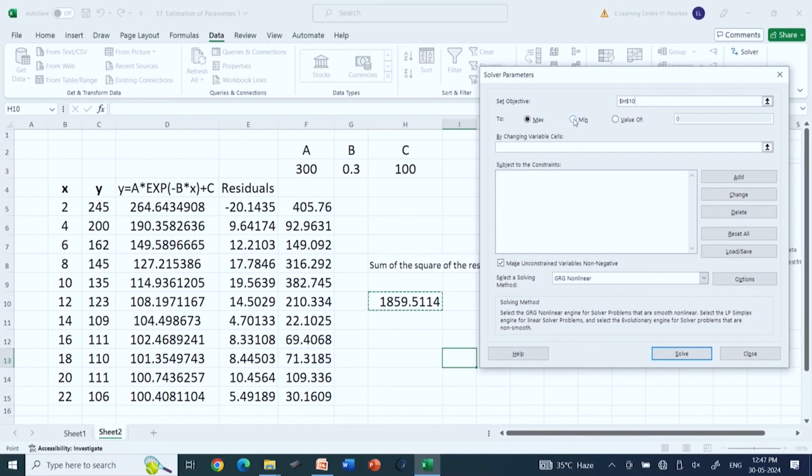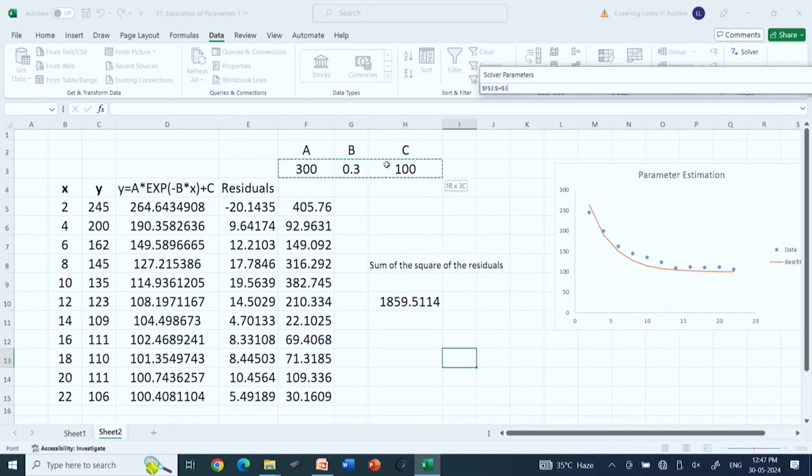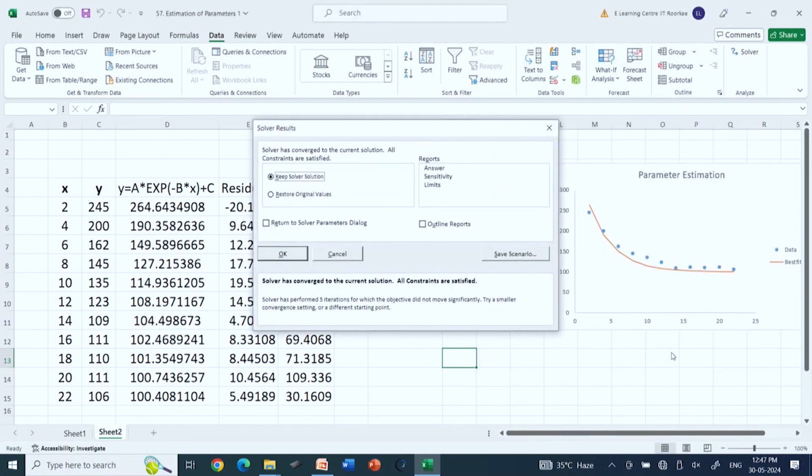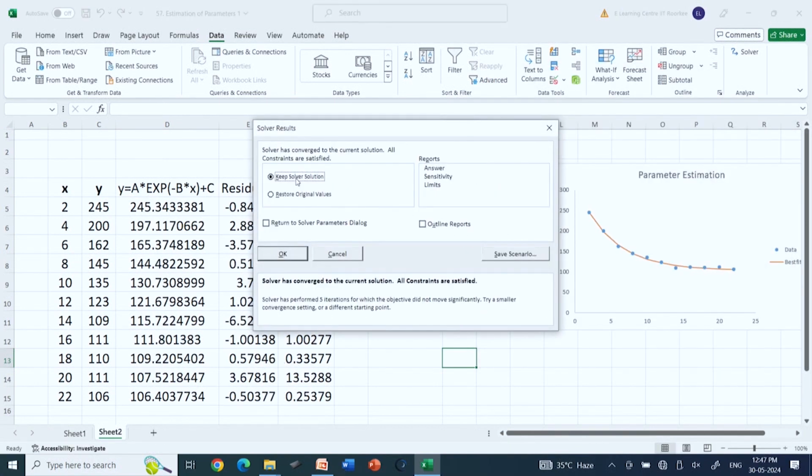Your objective is to minimize this value, and you minimize it by changing the variable cells, meaning these values of A, B and C. So once more, set the objective to the sum of the squared residuals, minimize it by changing the variables A, B, C, keep them as they are, and then Solve. You will get Keep Solver Solution.